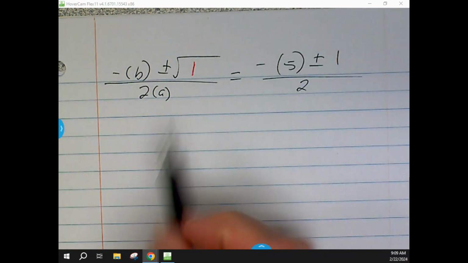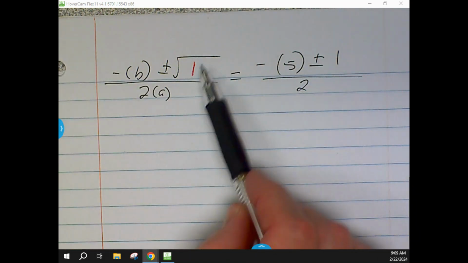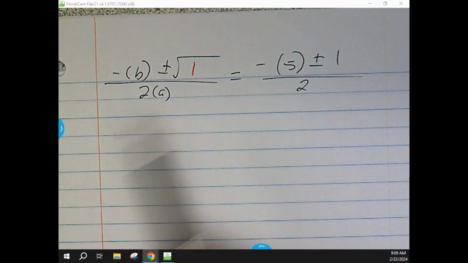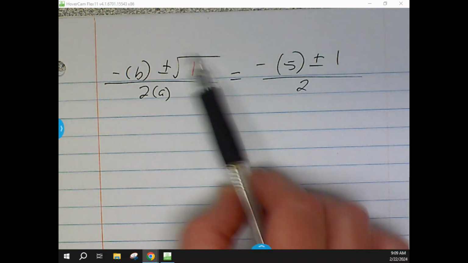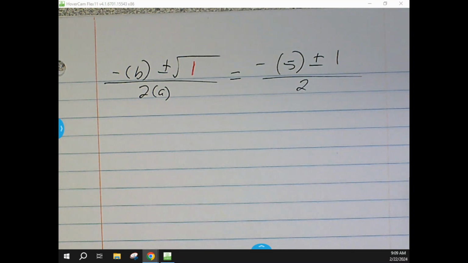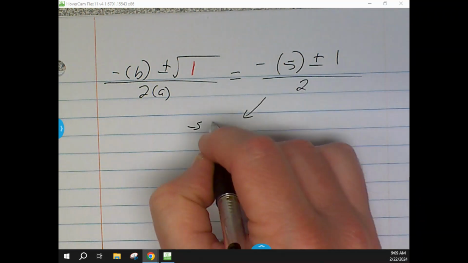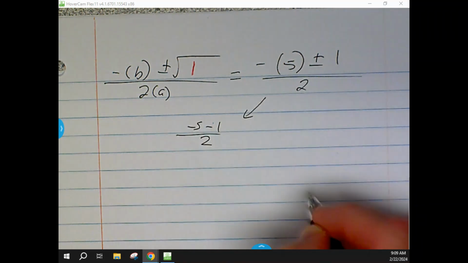Okay, and that's the benefit of doing the discriminant first: the hardest part of your formula is done, since you're getting this b squared minus 4ac to then take the square root of it. All right, and then once you're here, this is where you split up into 2 cases. One time you're going to do negative 5 minus 1 divided by 2.